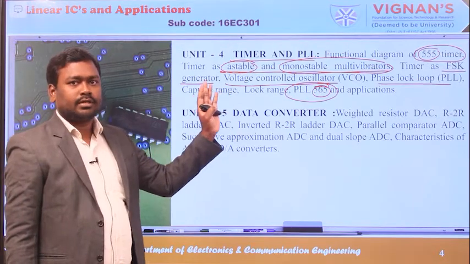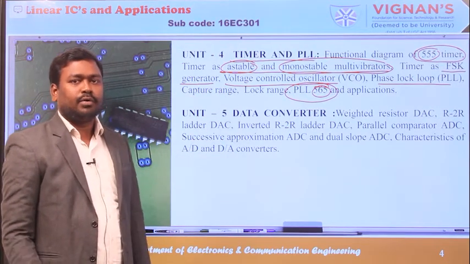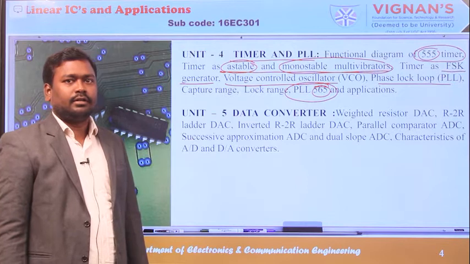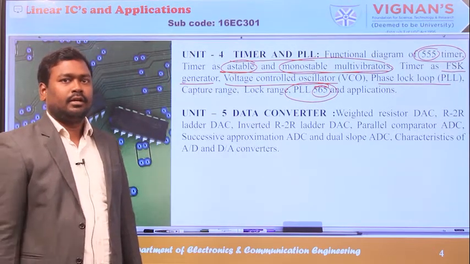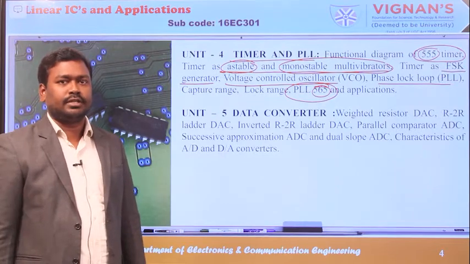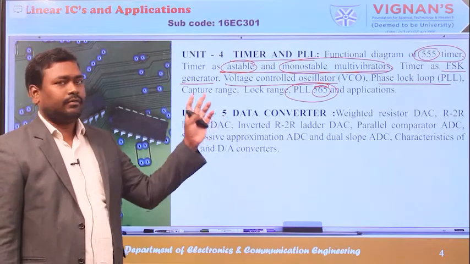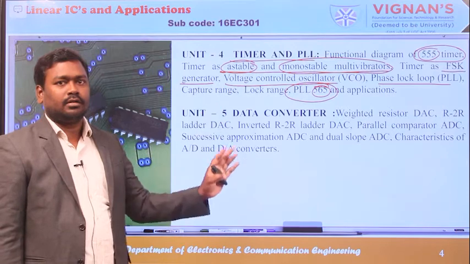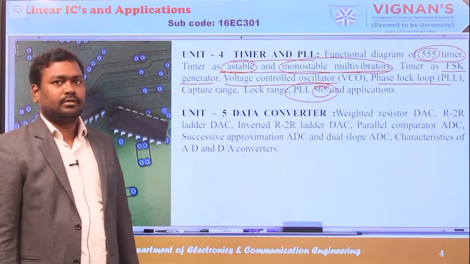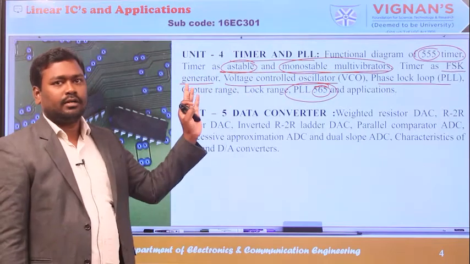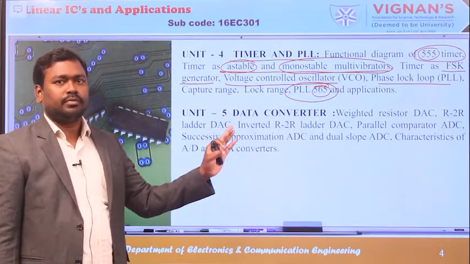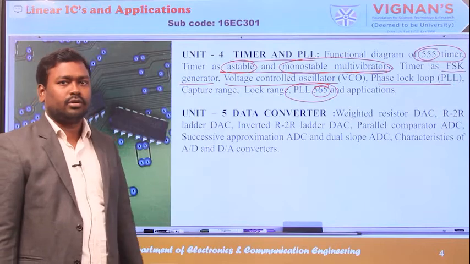PLL and voltage controlled oscillator are important blocks in receiver. If you take any receiver system of your communication system, VCO and PLL are important blocks. So the designing of PLL and VCO are very much important as an electronic engineer.